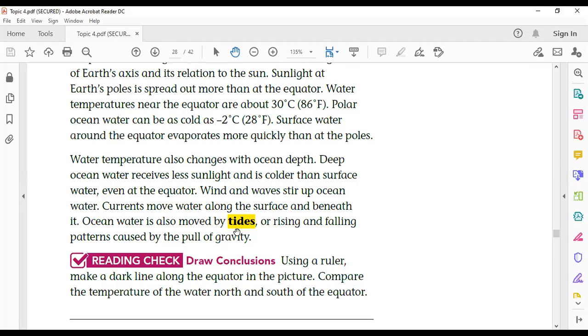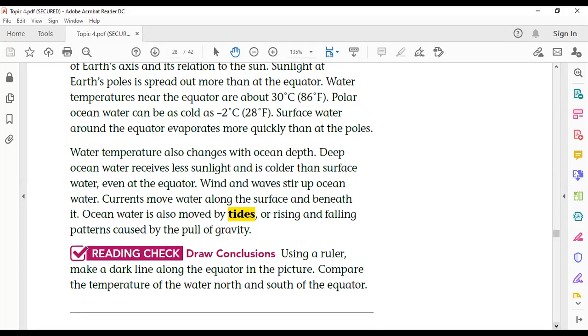As you know, there are always low tides and high tides, and the tides are a result of what? Of the moon's gravity. Tides are the rising and falling patterns caused by the pull of gravity. So ocean water is always moving by wind, waves, currents, and tides.